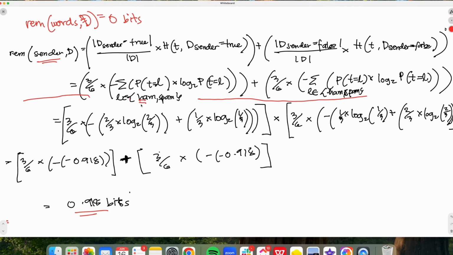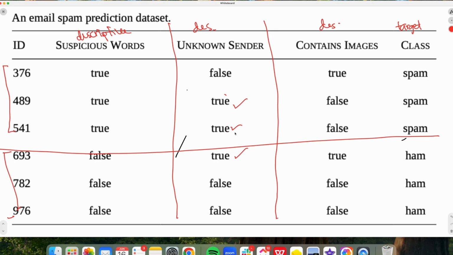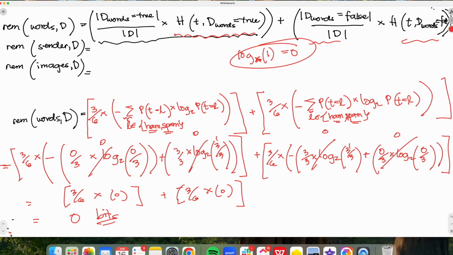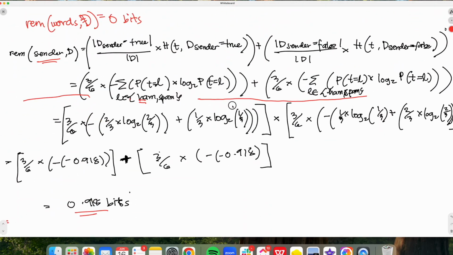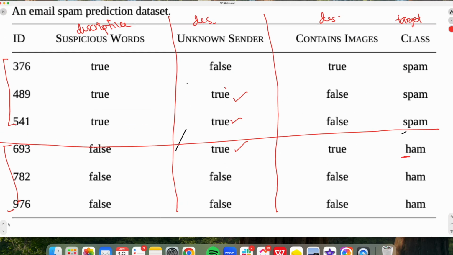If it's ham, how many is that? If it's ham, that is true. That's 1. I might have written it in a different way, but you can see right here that I have 1 over 3 here as well for ham. And how about if it's spam and it's true? So it should be 2 over 3. You can see it right here.